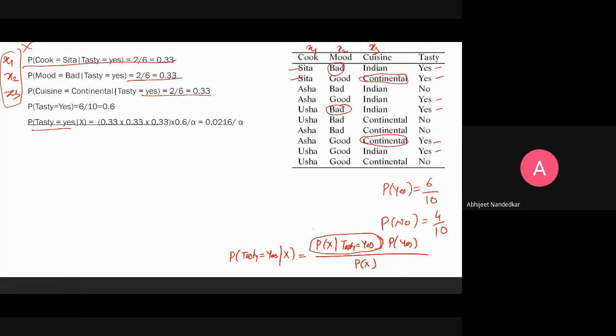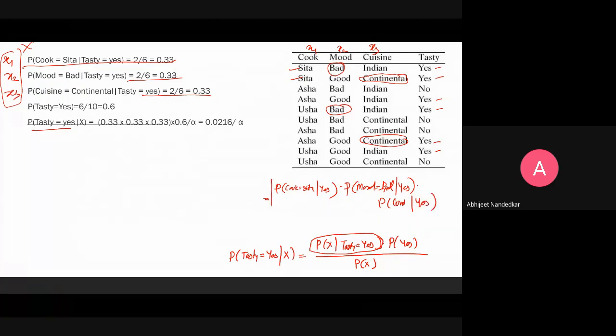Suppose I write here, this will be probability of cook equal to Sita given yes, into probability of mood equal to bad given yes, into probability of cuisine is continental given yes.